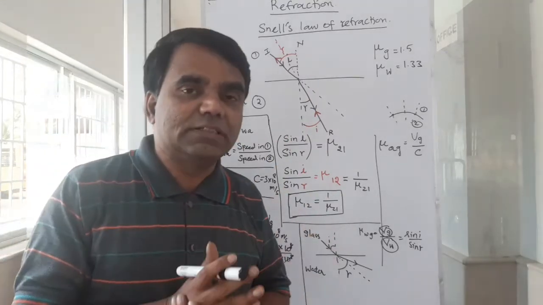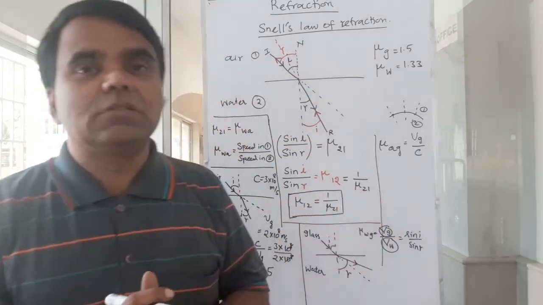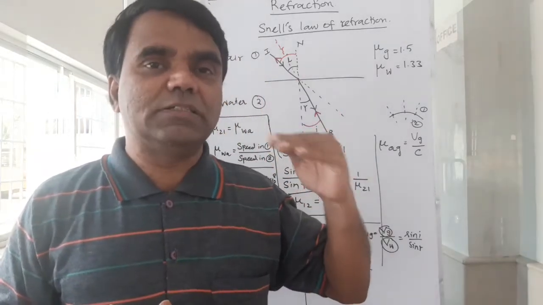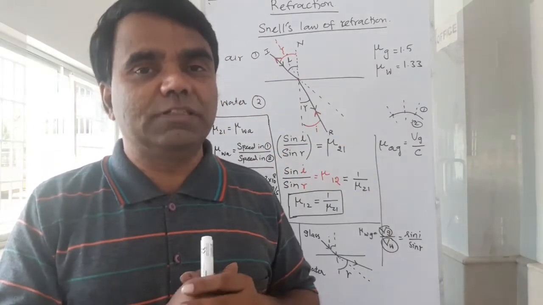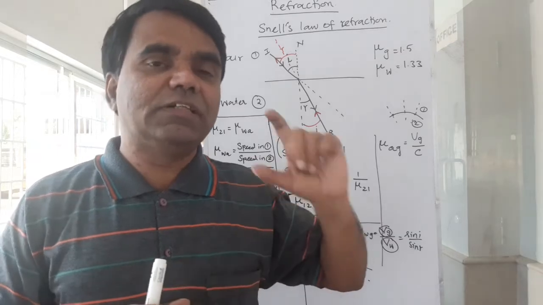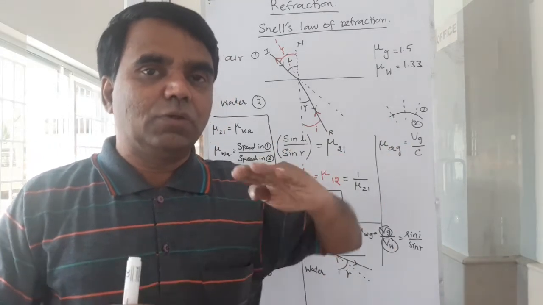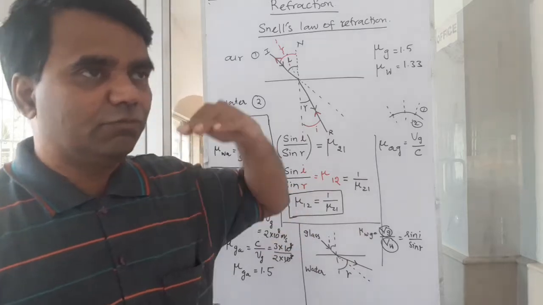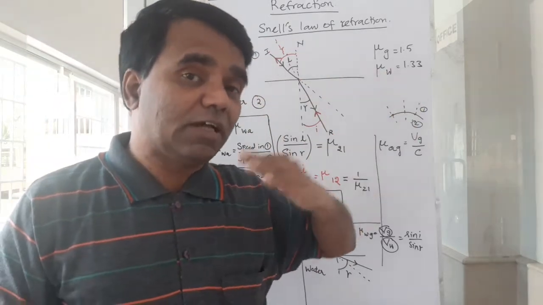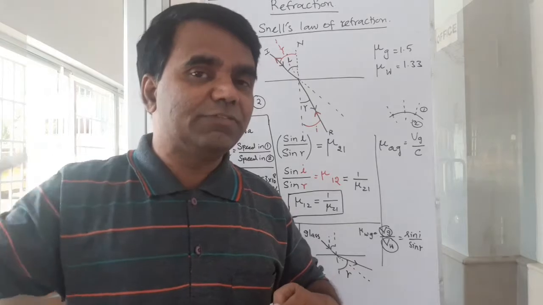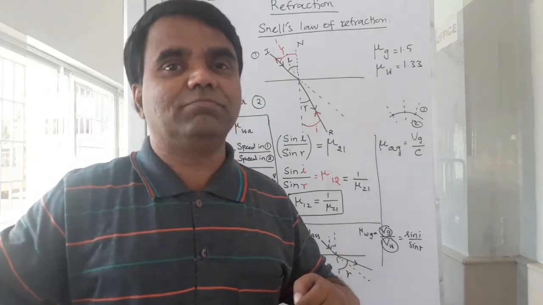Refractive index simply is a ratio of the speeds of light in two different mediums. So the refractive index of one medium with respect to the other is speed in the other divided by speed in this medium.